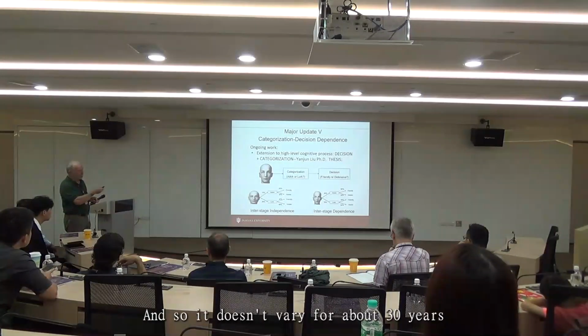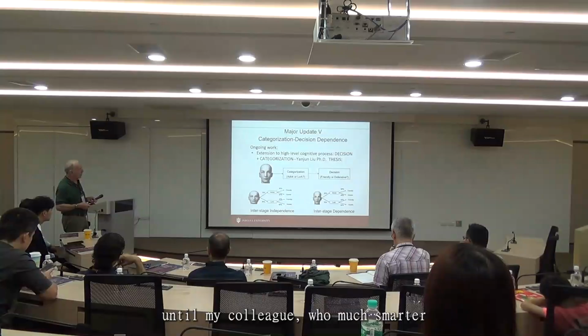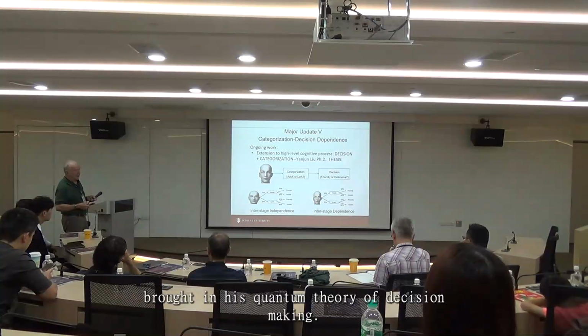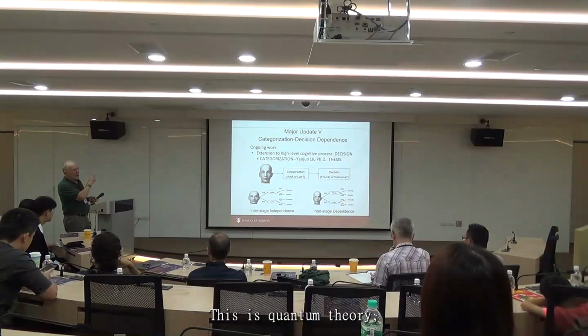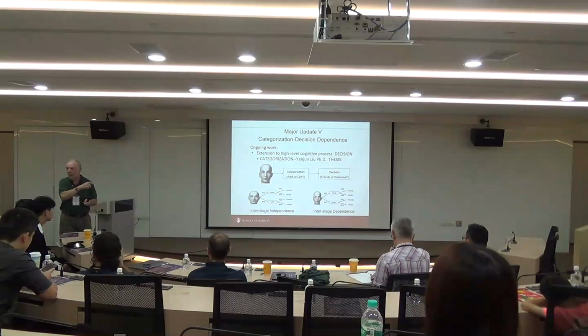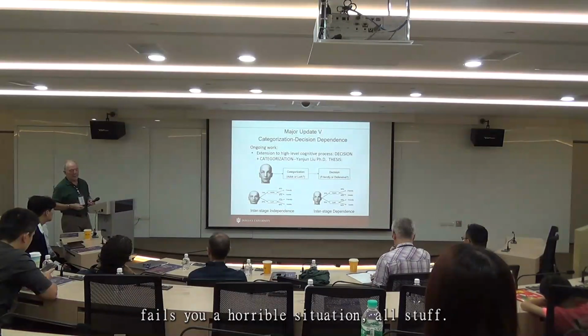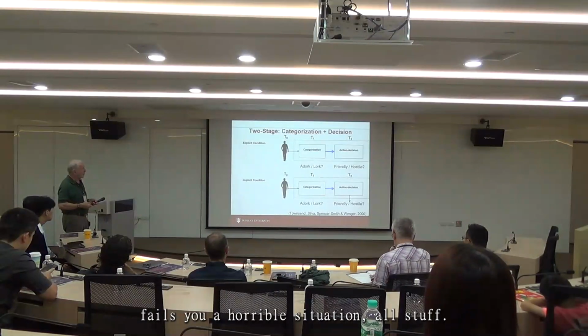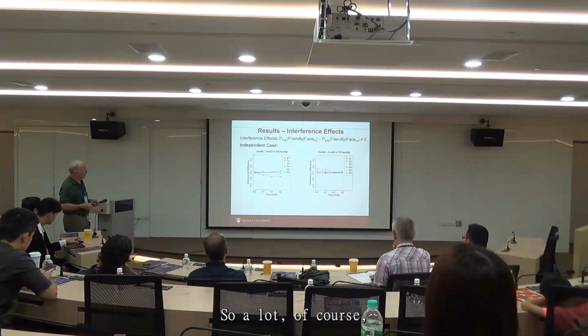So this was buried for about 20, 30 years until my colleague, Will Busmeyer, brought in his quantum theory of decision-making, and his quantum theory predicts the kind of interaction that we find that fails the Markov test. Almost done.